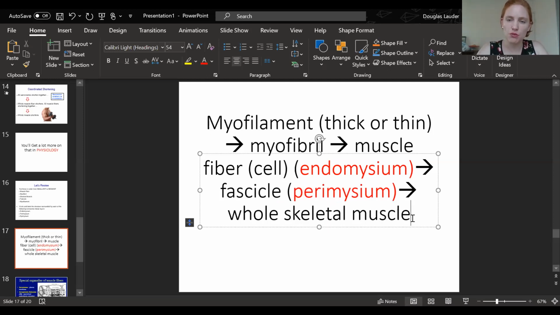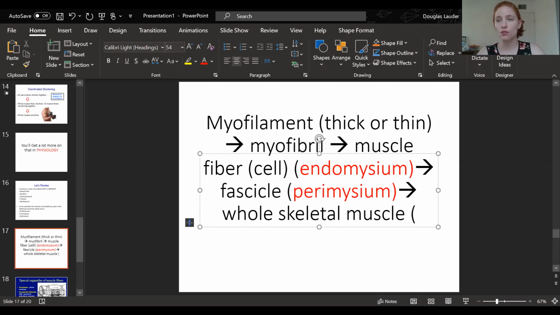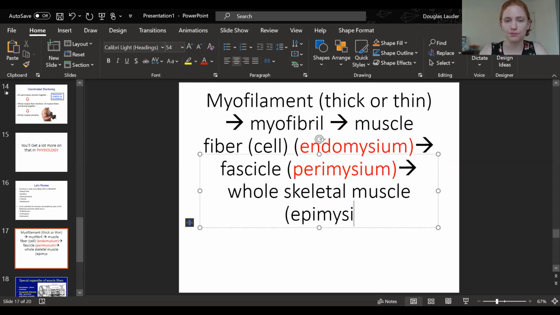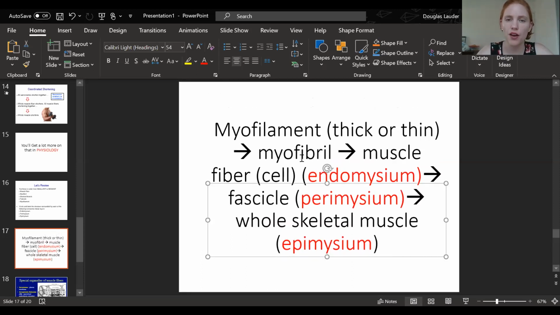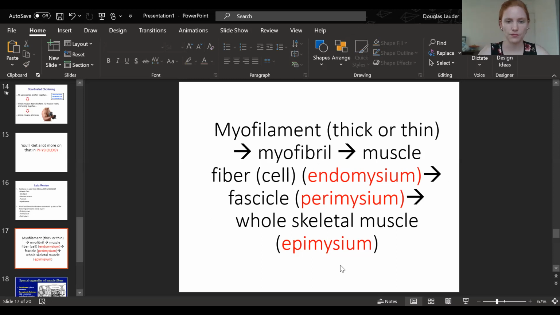And then surrounding and protecting an entire skeletal muscle, which is the whole thing, that would be the epimysium. Okay, so you have myofilaments creating a myofibril, creating a muscle fiber, creating a fascicle, then creating the whole muscle. And if that was too fast for you, go back to the beginning of the lecture and watch it again.